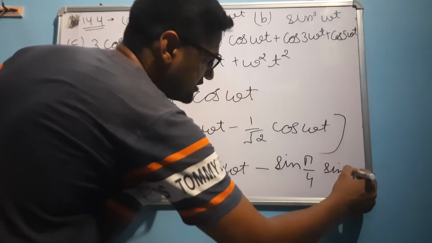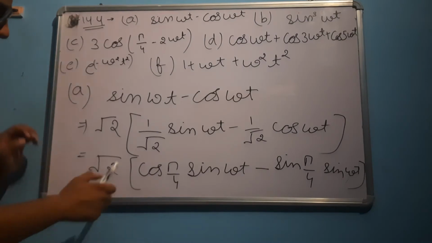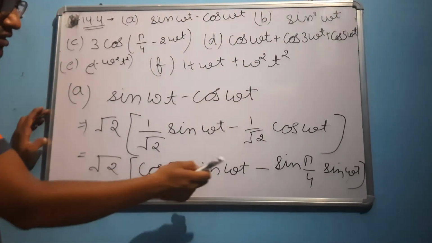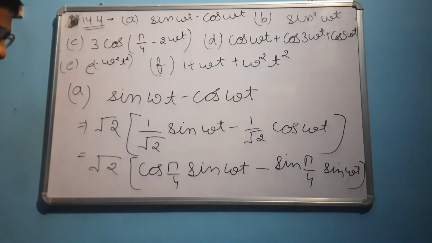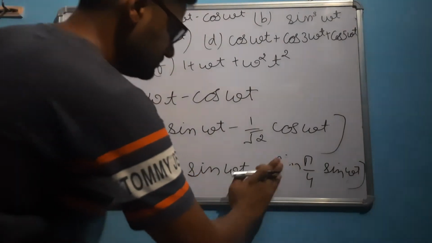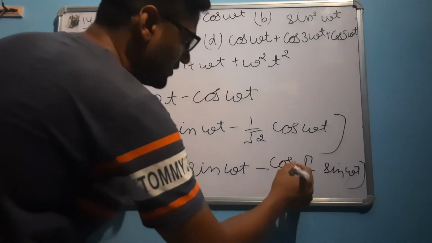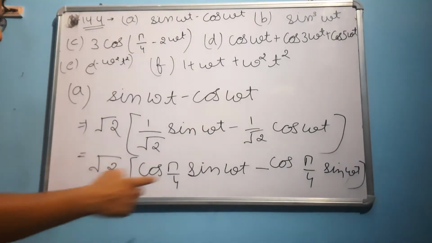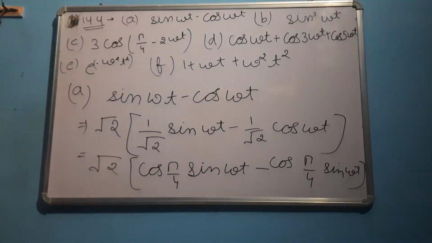So we have arrived at the form sin a cos b minus cos a sin b, which is equal to sin of a minus b.